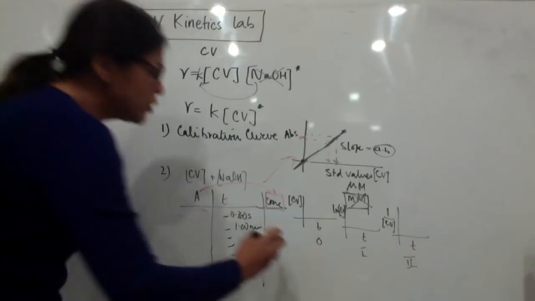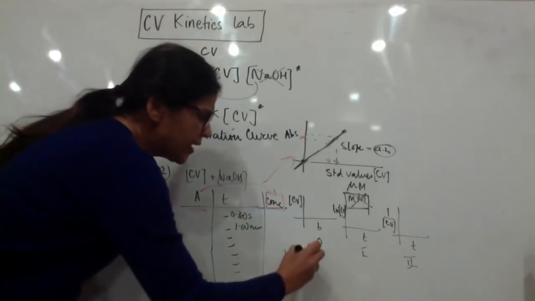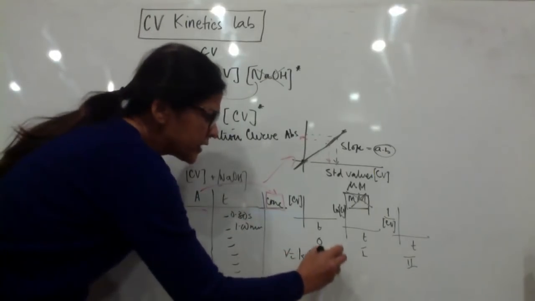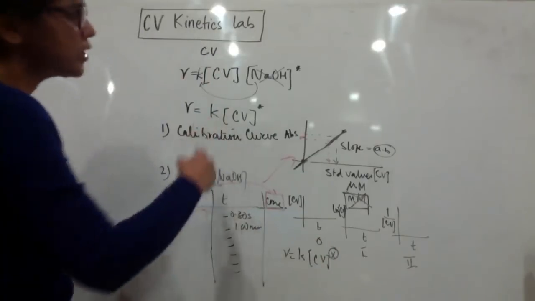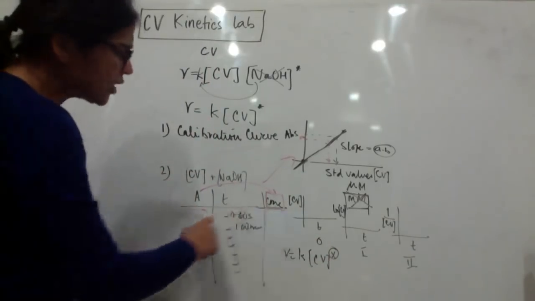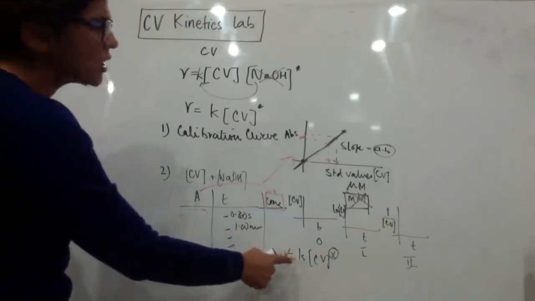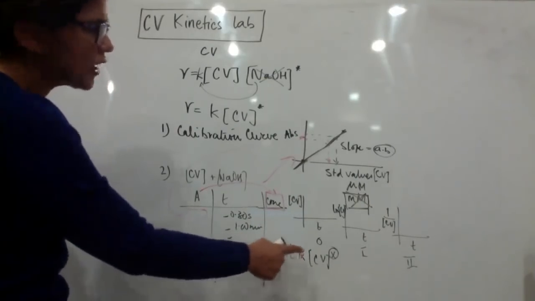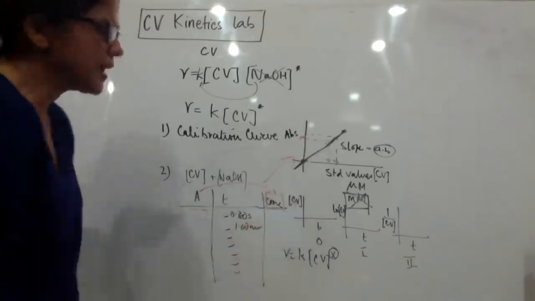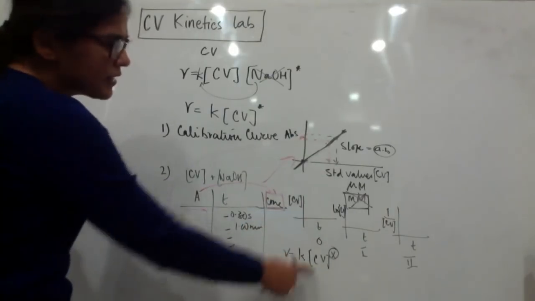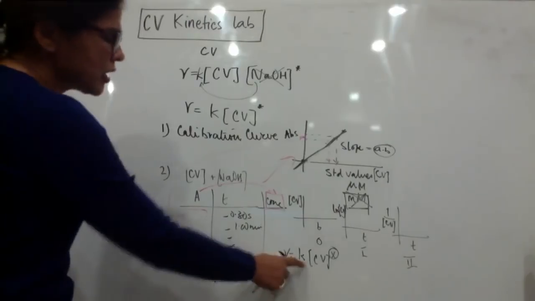And once you know that R is equal to K times the molarity of crystal violet to the power X, and you found this X, now you can use either the first set of data or the second set or the third set of concentration and rate to figure out the rate constant.